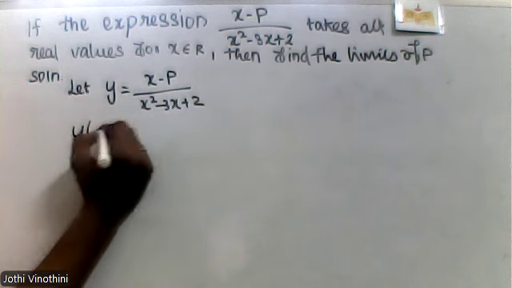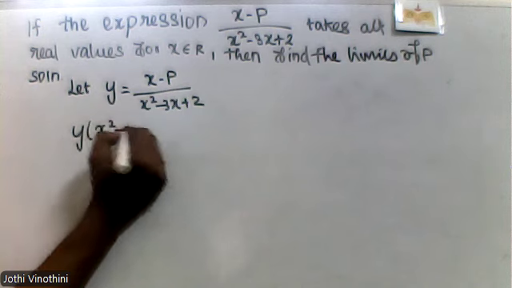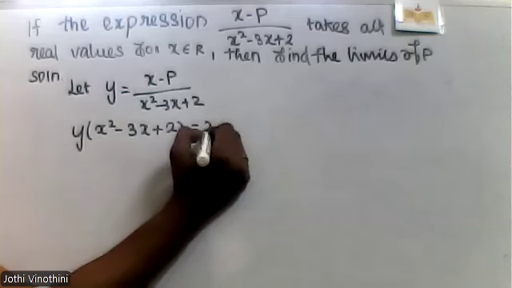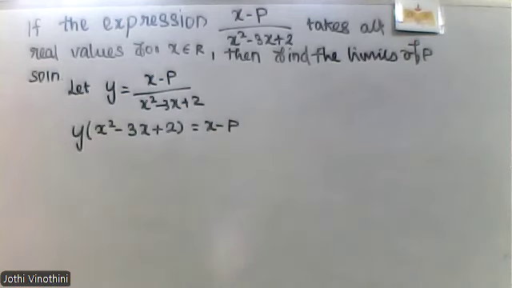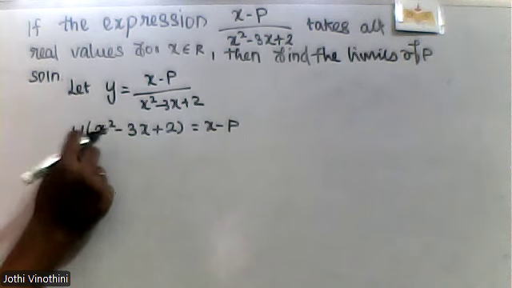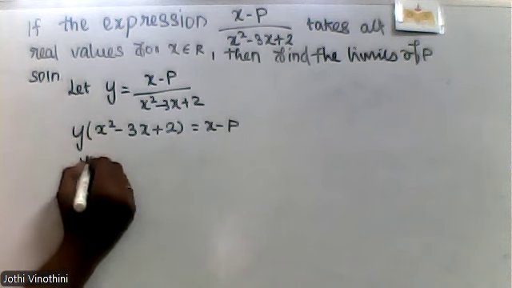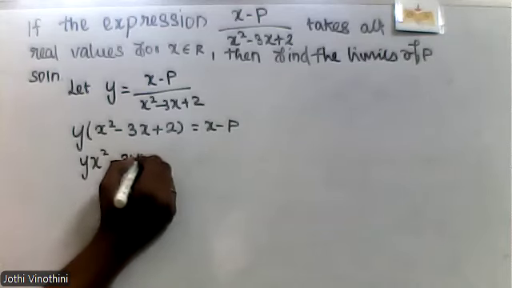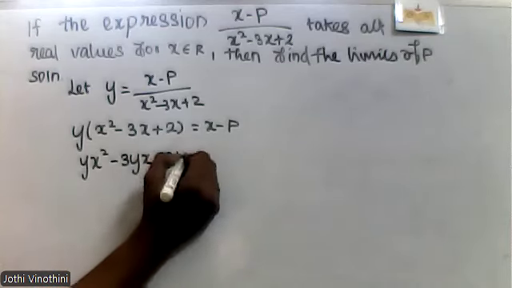So it becomes y multiplied by x squared minus 3x plus 2, which equals x minus p. So now I am going to take y inside this equation. So it becomes yx squared minus 3yx plus 2y.